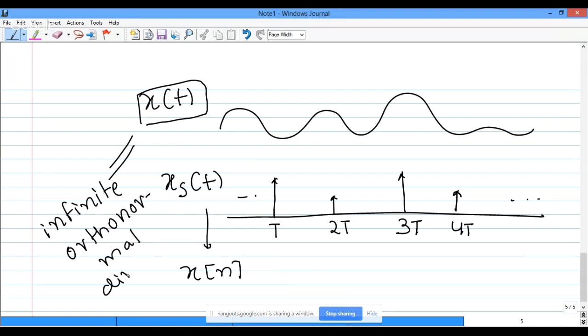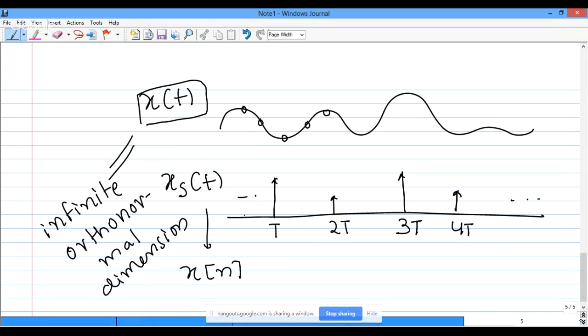So inherently what we can say is every signal has numerical values, and you can separate out these numerical values by multiplying this signal with, for example, an impulse where you want to select the numerical value.